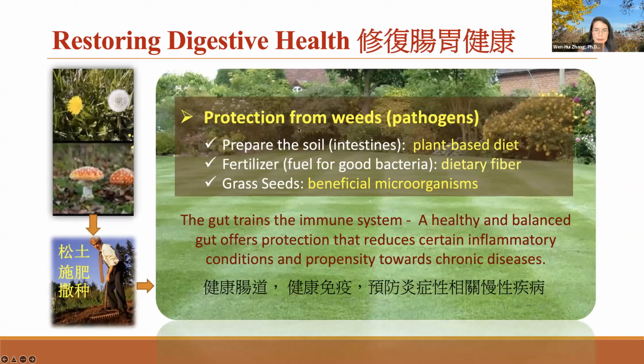So that's how to protect from weeds, the pathogens, in our gut. Prepare the soil with a plant-based diet, rich in dietary fiber and beneficial microorganisms. It's not just the bacteria. Some of the fungi could also be beneficial.